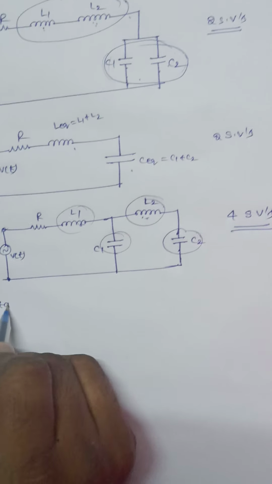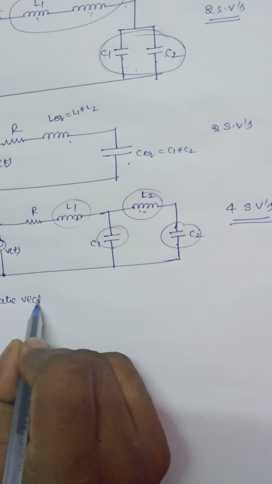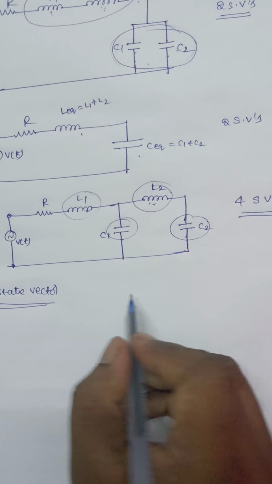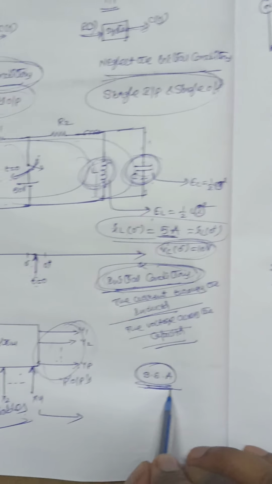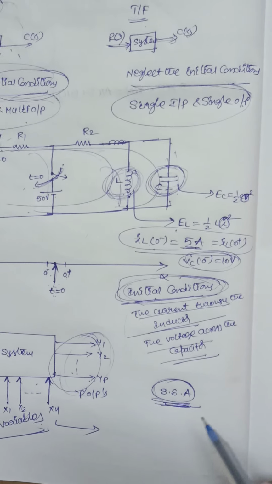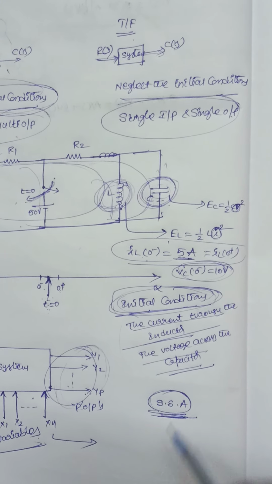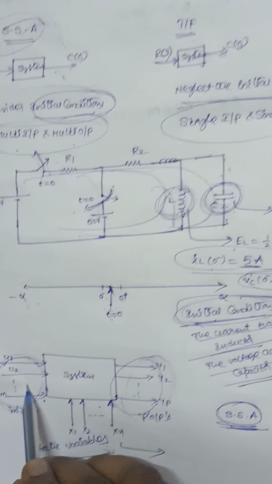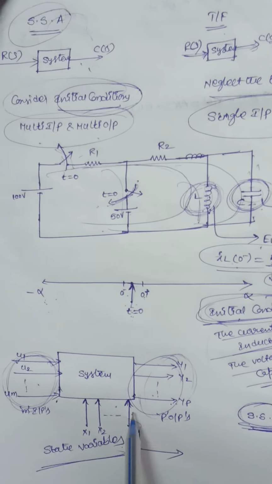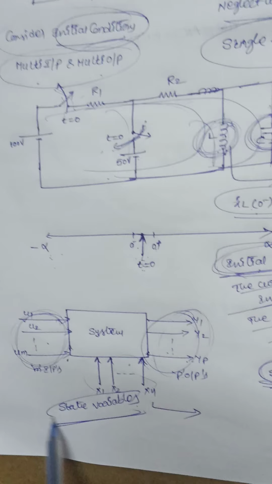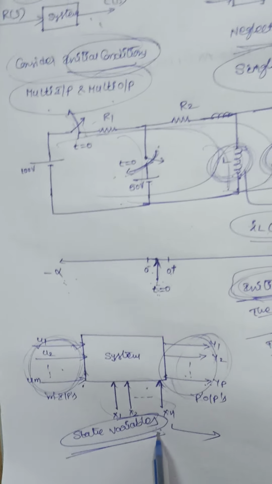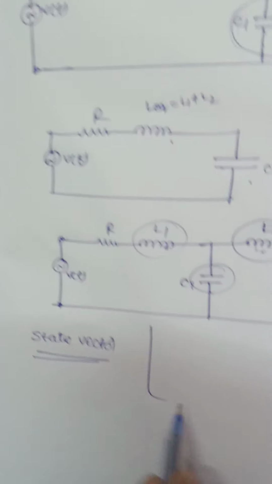Next, state vector. We already discussed what state space analysis is. State space analysis is an analysis used to analyze the future behavior of the system from the present input and from the past history of the system. The past history of the system can be represented with state variables, and these state variables are represented in a column matrix.